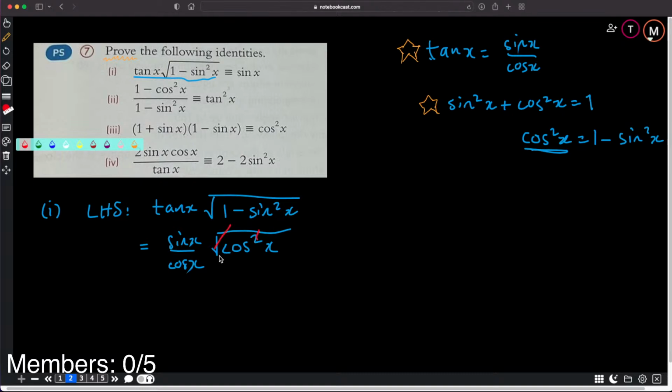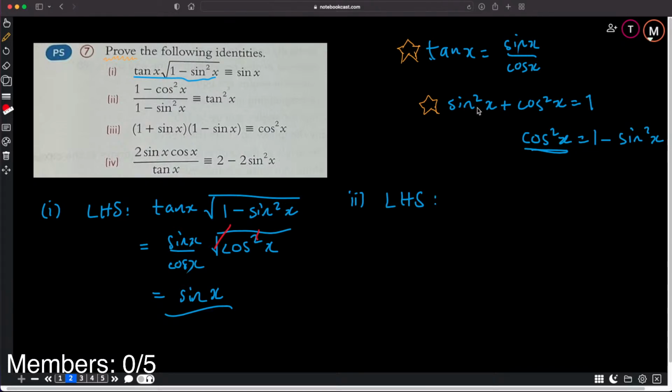So this is just cosine x. So then we're left with sine x, which is the right-hand side. Pretty nice. Okay, part 2. 1 take cosine squared x over 1 take sine squared x is equivalent to tan squared x. Let's again work with the left-hand side.